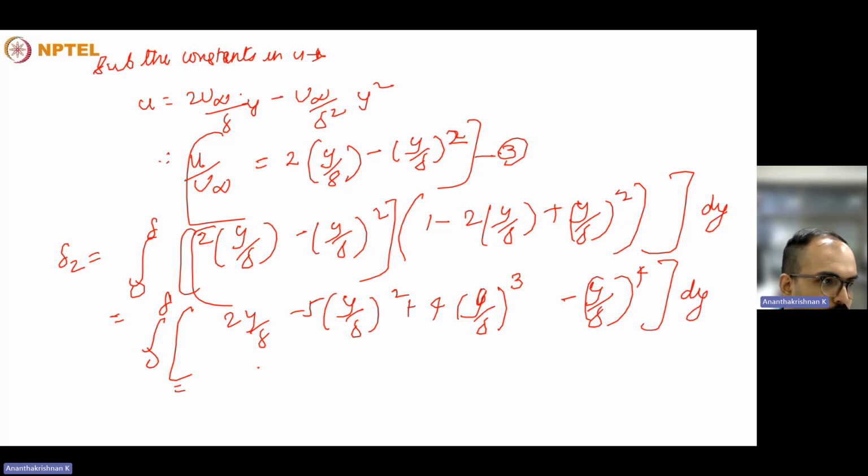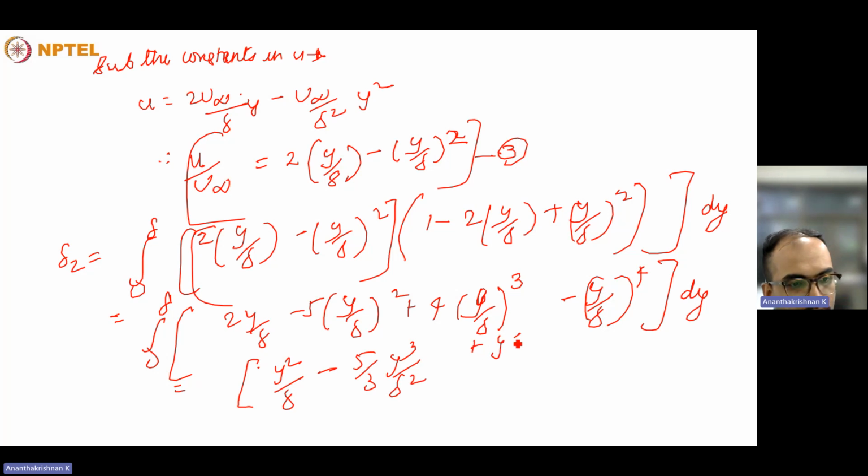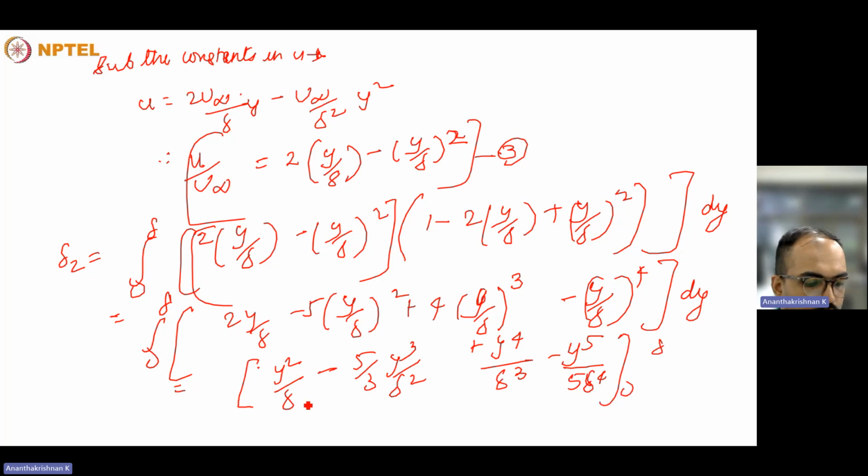Then integrating it from 0 to delta, we get y by delta minus 5 by 3 y cube by delta squared plus y raised to 4 divided by delta cube minus y raised to 5 divided by 5 delta raised to 4, from 0 to delta. Substituting the upper and lower limits and reducing, we get 5 by 3 delta plus delta minus delta by 5. So that will be equal to 2 by 15 delta. That will be equation 4.